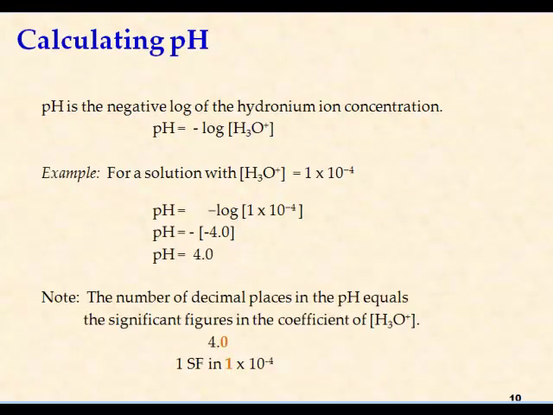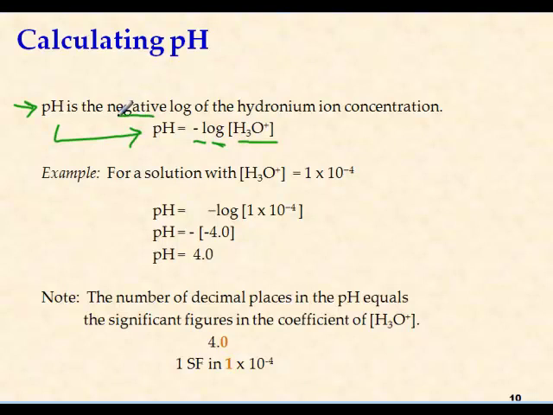Okay, now the pH scale is the definition I gave you previously, the partial hydrogen ion concentration, converted into a mathematical expression, which is read as negative log of the hydronium ion concentration.